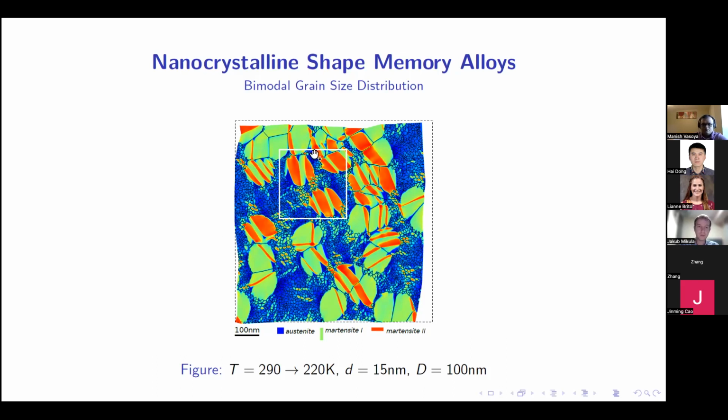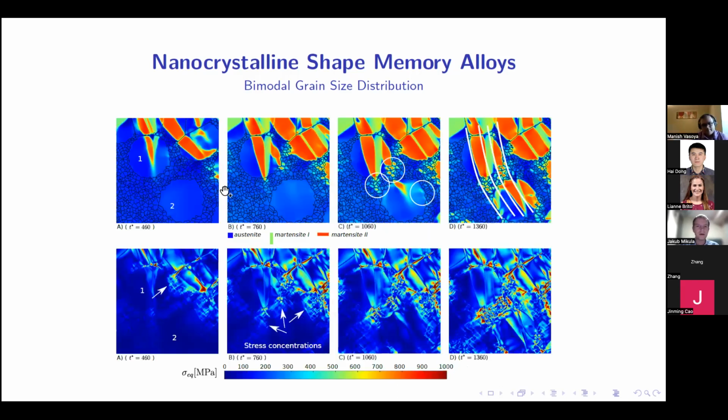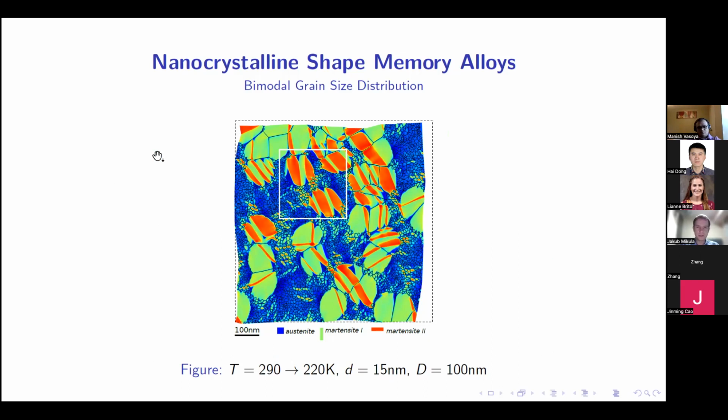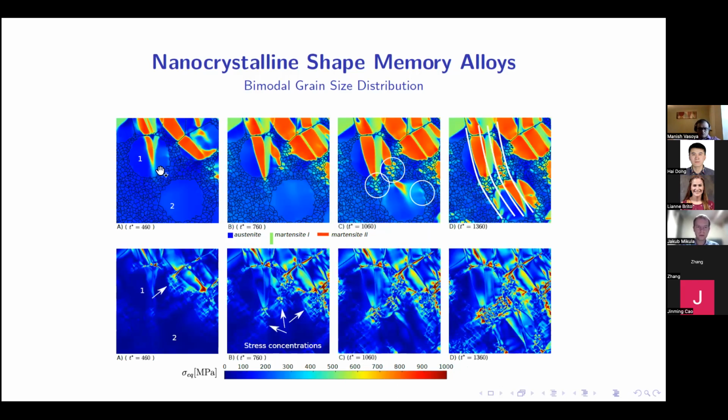If I zoom into this region of this white square, I can basically show the evolution of the martensite in time, how it proceeds. Right. So we have this bimodal distribution here, and then the evolution of those phases. So beginning from the left, we see that the martensite starts to form in the large grains.